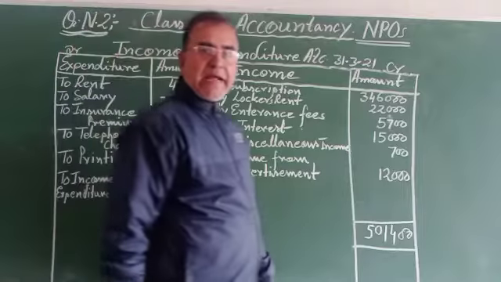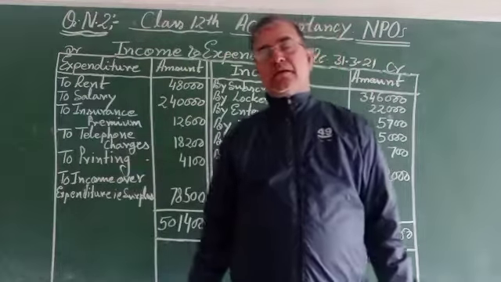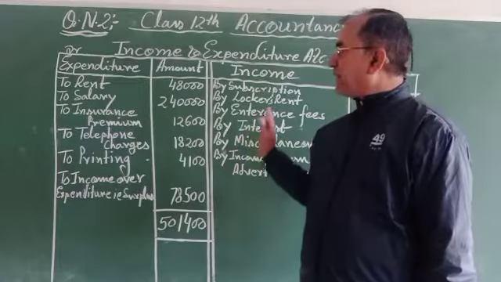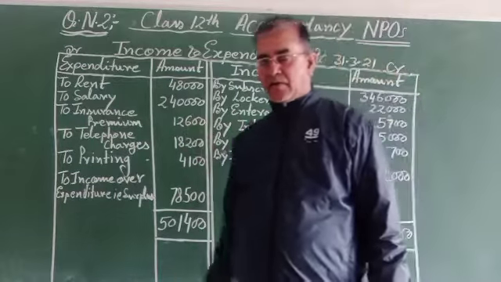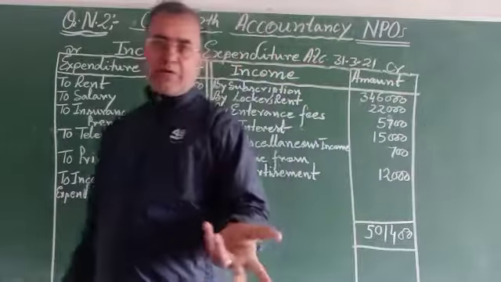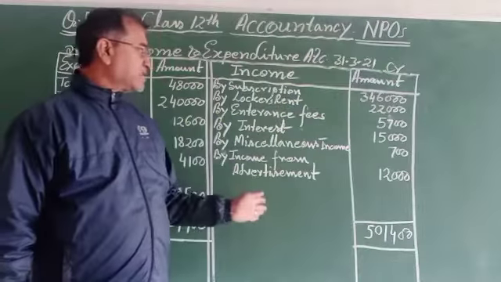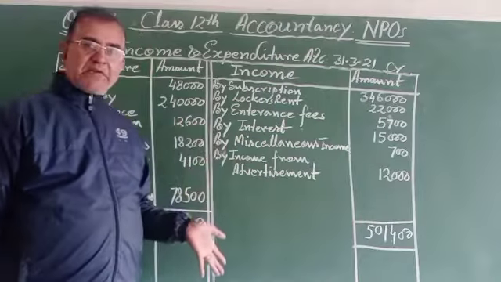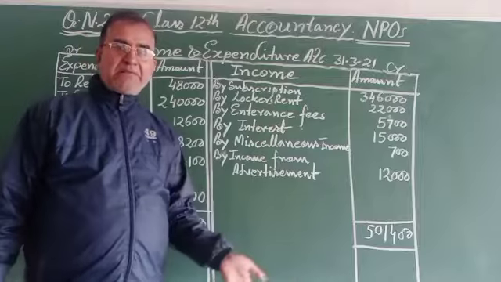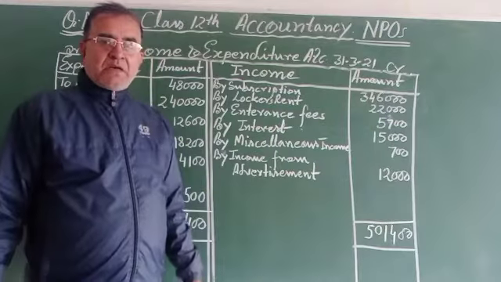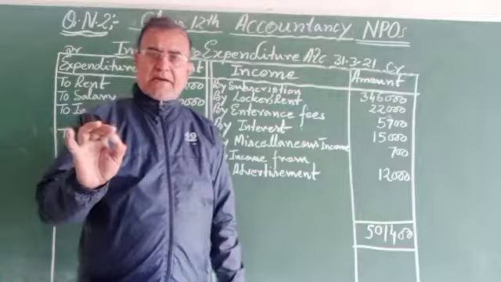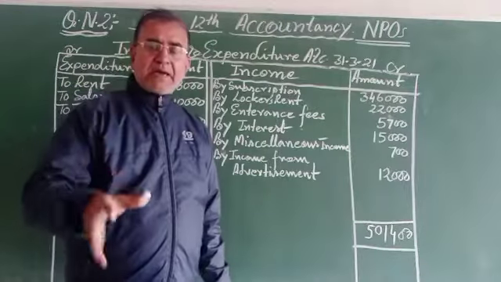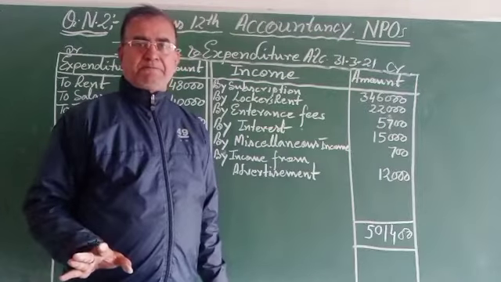This is the way of calculating the surplus and deficit and preparing the income and expenditure account. A number of adjustments you can find, such as the computation of subscription and other types of revenue expenditure given for the previous year or next year. We have to calculate the exact figure of the current year related to income or expenditure.